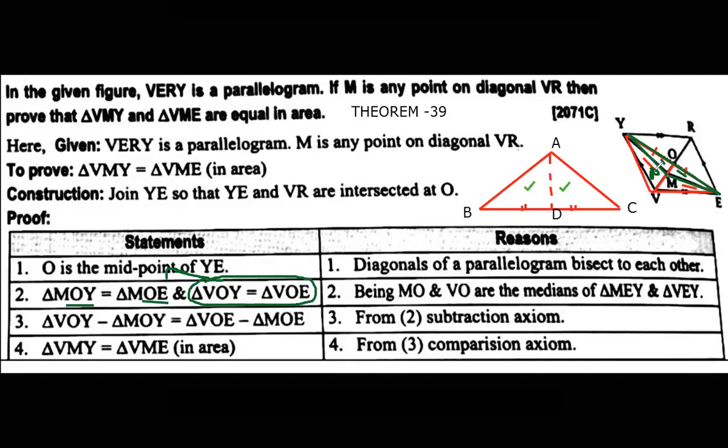That means this triangle and this triangle are going to be equal. So big triangle minus small triangle, big triangle minus small triangle, you will get this triangle.